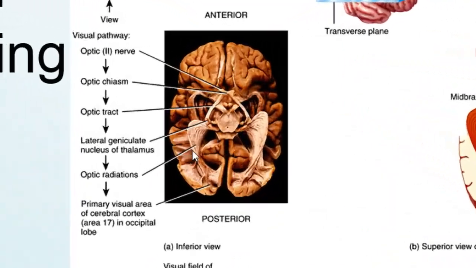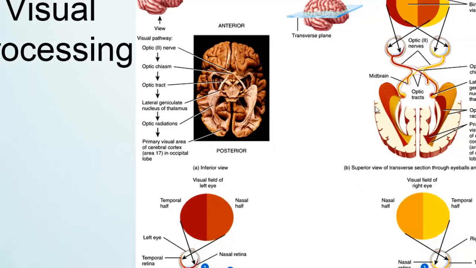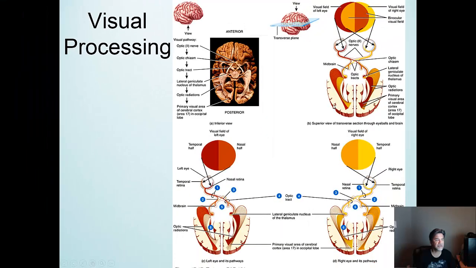So here we see those massive optic radiations that are coming out of the thalamus, projecting back to the occipital lobes of the respective hemispheres. That's the one beautiful shot I love in this picture. It shows you a beautiful pathway where you have the optic nerve, optic chiasm, optic tract, LGN to the radiations back to the occipital lobe. And this is shown in highlight here for illustration purposes, and each side's fibers are demonstrated in these other figures.